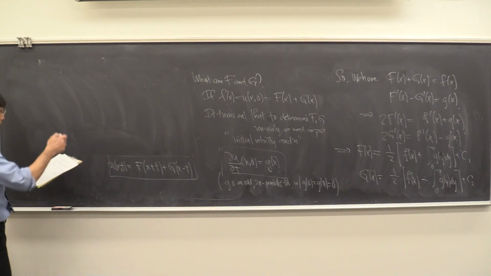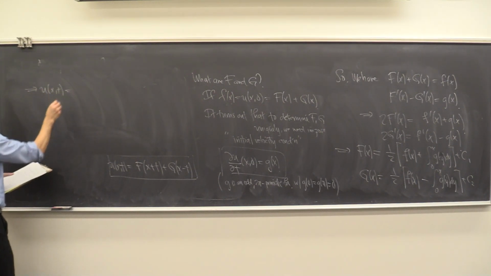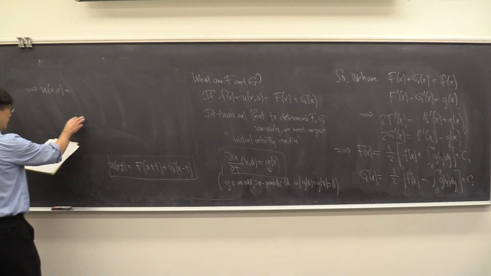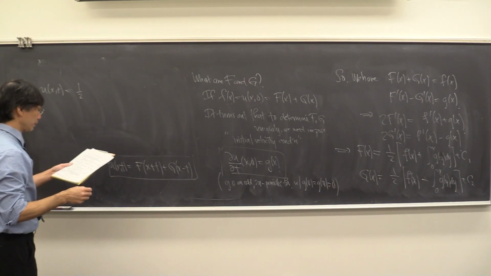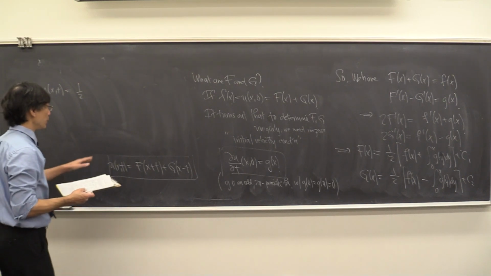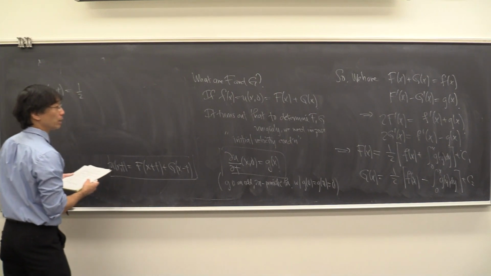Right? And so, what's u? U is going to be the sum of those guys. I'm sorry, it's going to be the sum of those guys evaluated at x plus t, right?